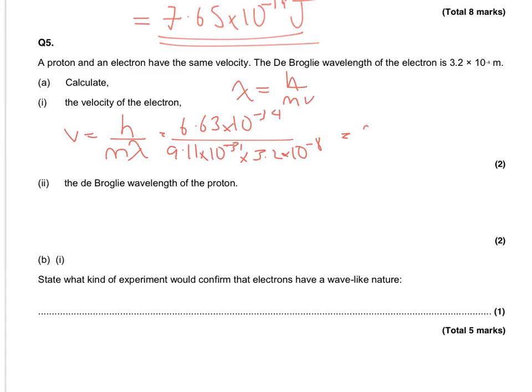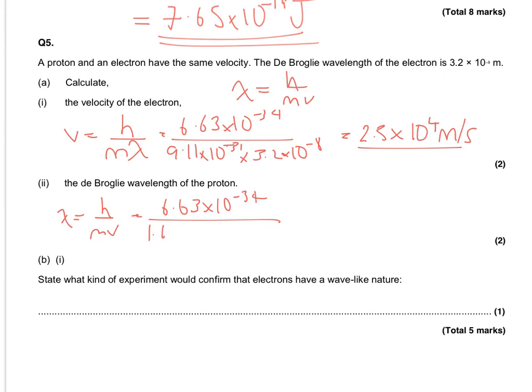And we end up with 2.3 times 10 to the 4 as the velocity, so it's meters per second. And then we want the wavelength, that's going to be h over mv. So one final time, here we go. Done. We've got the mass of a proton, times 10 to the minus 27.